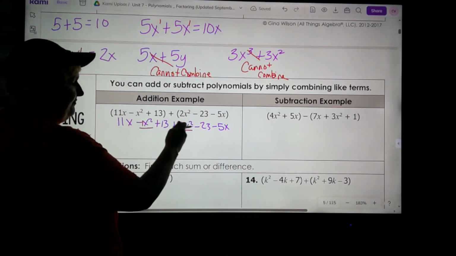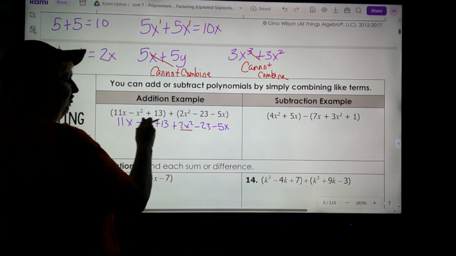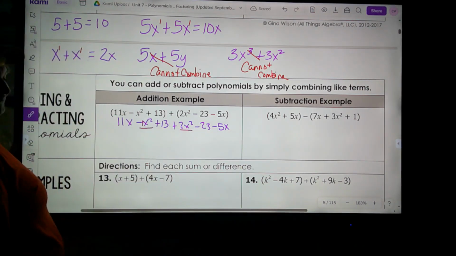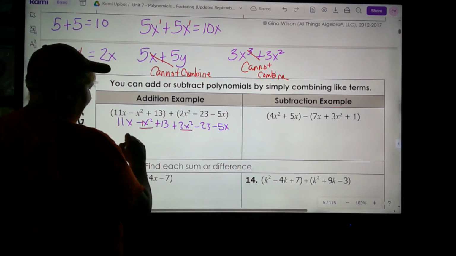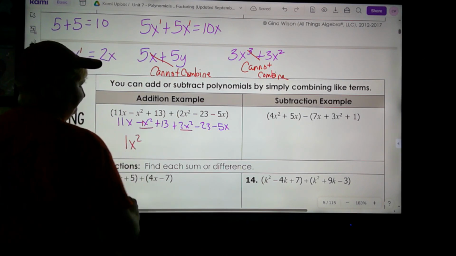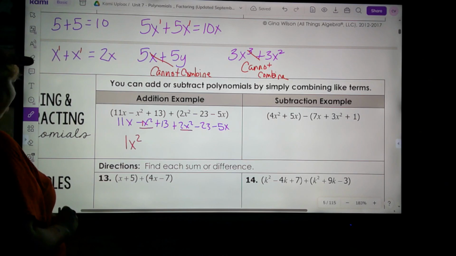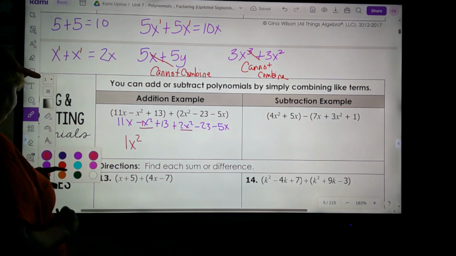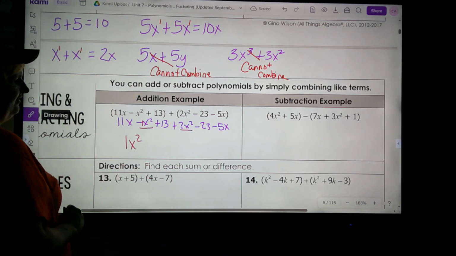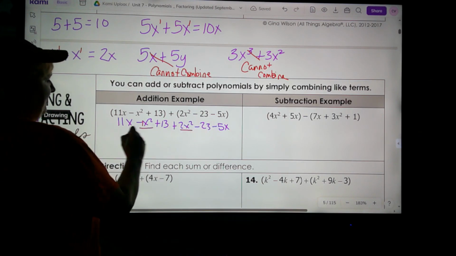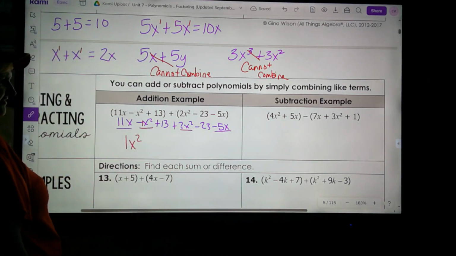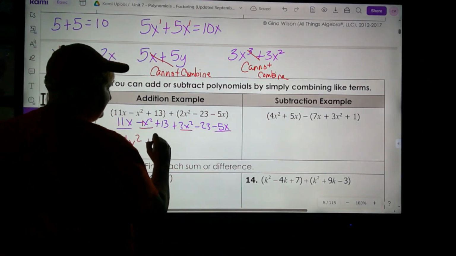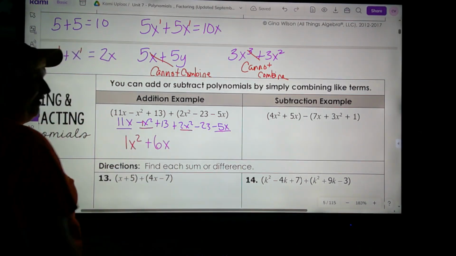These can be combined because they're both x and they're both to the second power. 2x squared minus 1x squared is 1x squared. Next up is x by itself. We have 11x minus 5x, which is a positive 6x. Don't forget that positive sign.